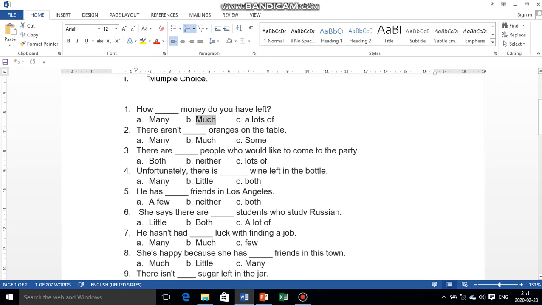Okay. Number two, there are not blank oranges on the table. Oranges, is it countable or uncountable? Oranges is a countable noun, so you will use many. Okay, many. Number three, there are blank people who would like to come to the party. People is a countable noun.